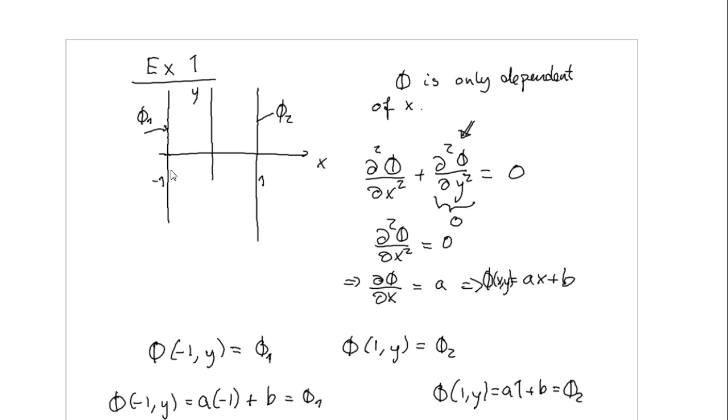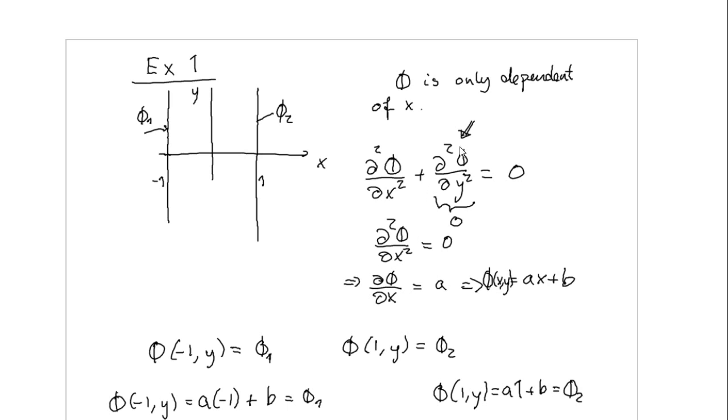Due to the fact that the potential is constant on these two vertical lines, we can very well assume that the potential must be only dependent on the x variable, so there is no dependence in the y direction. This means that the Laplace equation is very easy to solve.